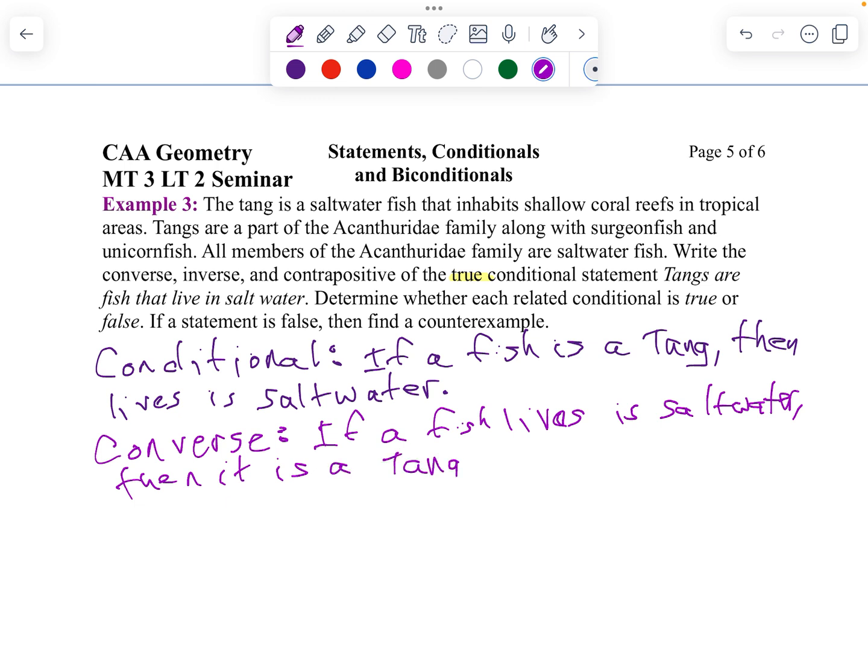Notice this is not true. Our counterexample they gave us in the words, it could be a surgeonfish.